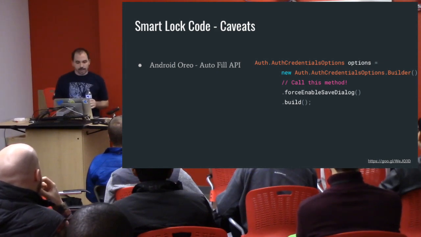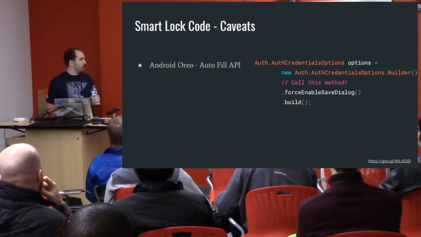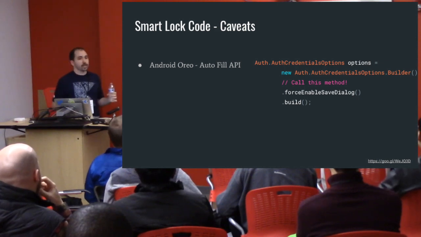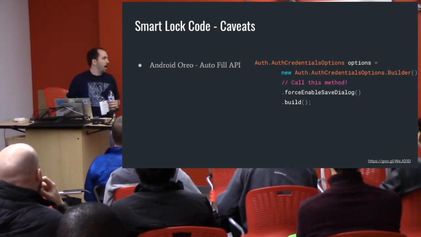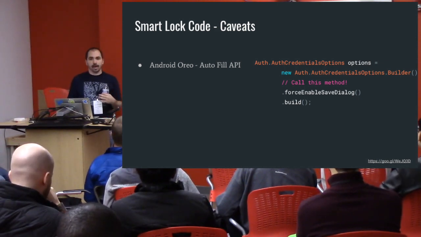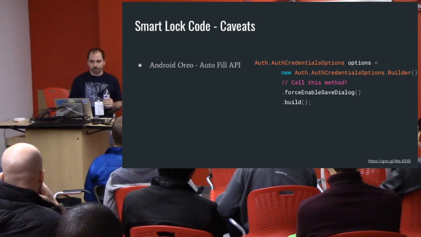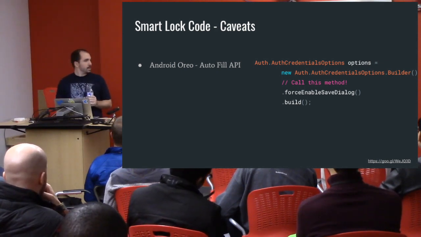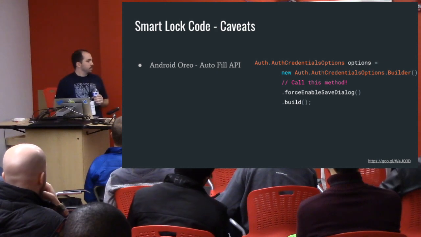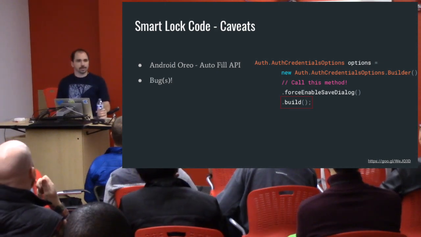And you can kind of get around that by calling this method on the auth credentials options object to enforce that they have to use the Smart Lock API. And that's it. Except it's Google, so there are a few bugs.